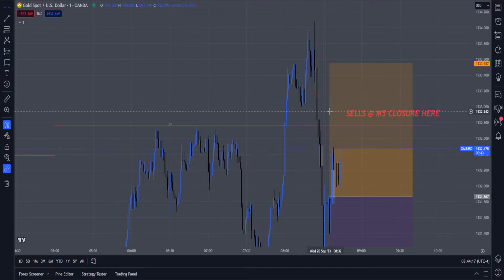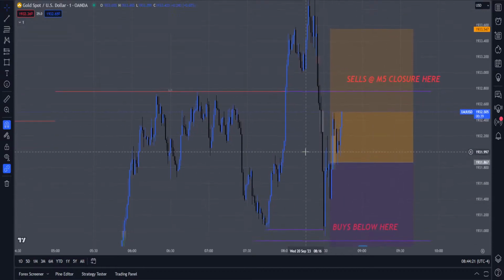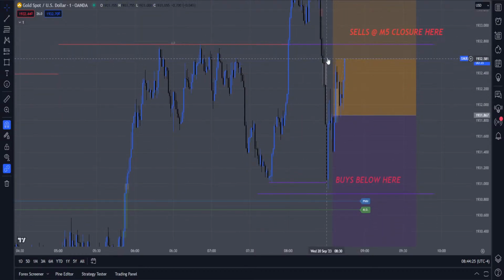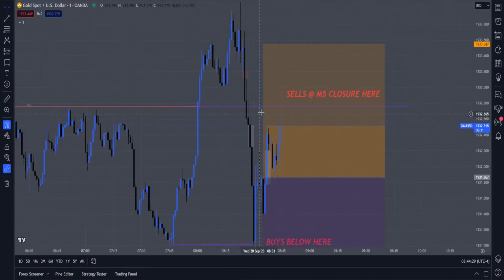Based off breaking here, we may come up and test this area right here before going lower, or it may just shoot down from this area right here, this marked line, right? So we may test this area, or even this imbalance right here, which is this last candle here.